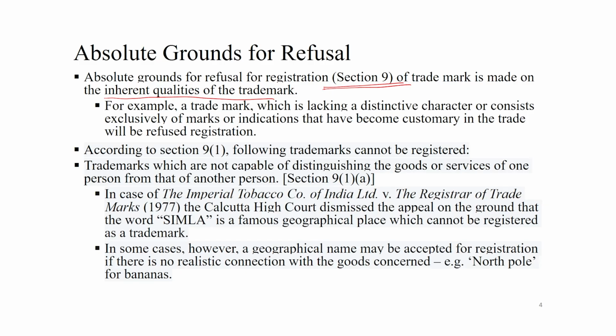The relative grounds which are there in section 11 are there because use of those trademarks will create confusion in marketplace. Whereas absolute grounds are grounds of refusal because there is something inherently lacking in the trademark itself.